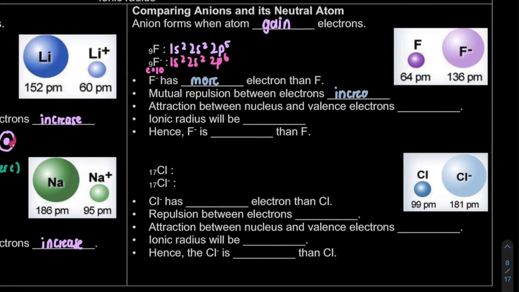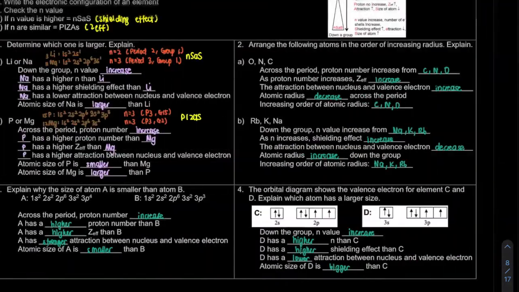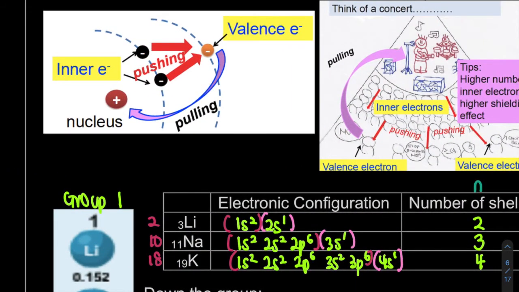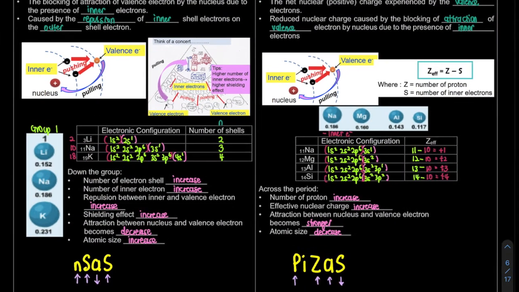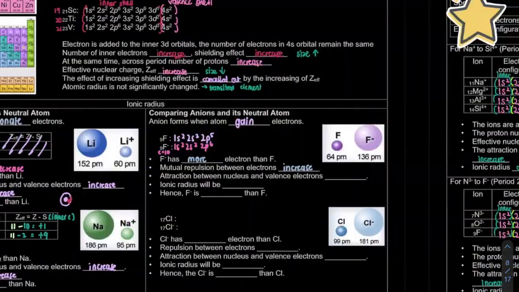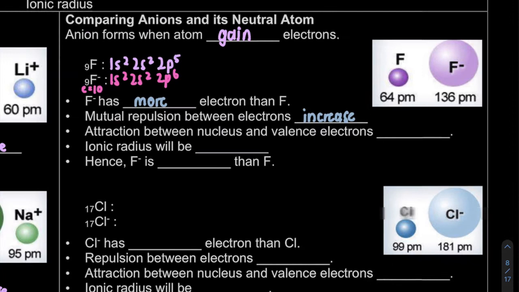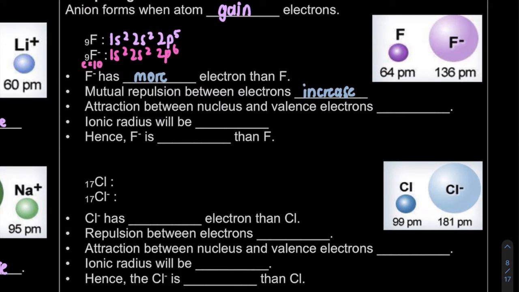So, the mutual repulsion between electrons increases. In the same shell of each atom, since the electrons have the same charge, there is repulsion. So the attraction between the nucleus and valence electron will decrease.